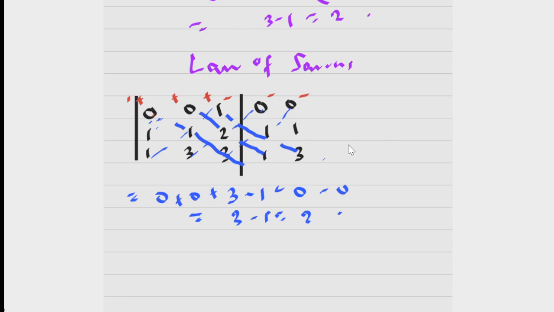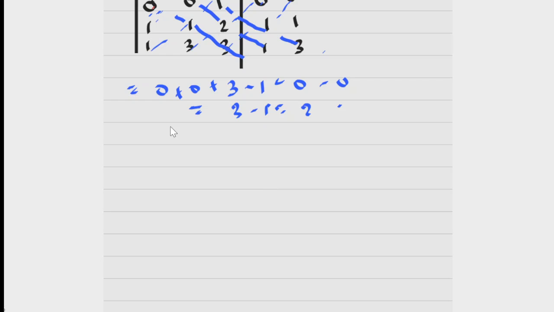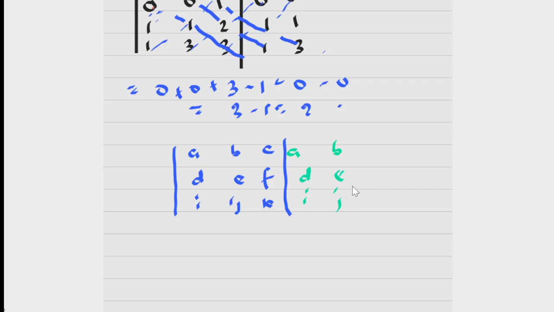What you are going to do is to just take the sum of the products along the downright diagonals minus the sum of the products along the upright diagonals. Again, you have your 3 by 3 matrix like this, because the law of Sarrus is only applicable to that. Then you are going to copy the first two columns. Then I'm going to have A, B, D, E, and so on. Then you take the positive, positive, positive, minus, minus, minus.